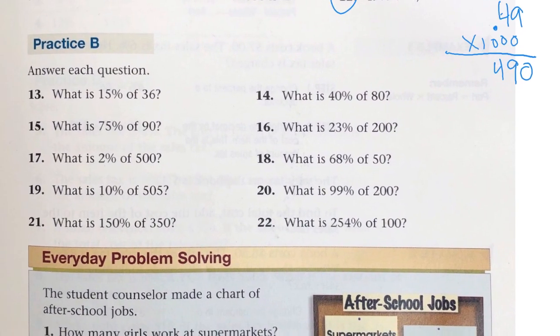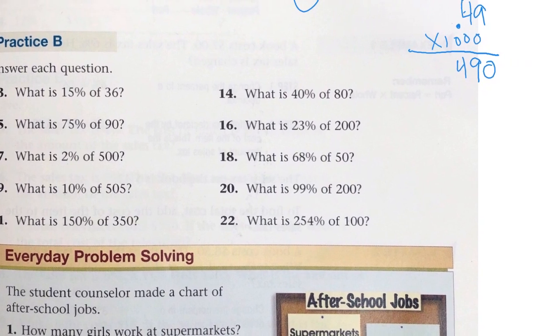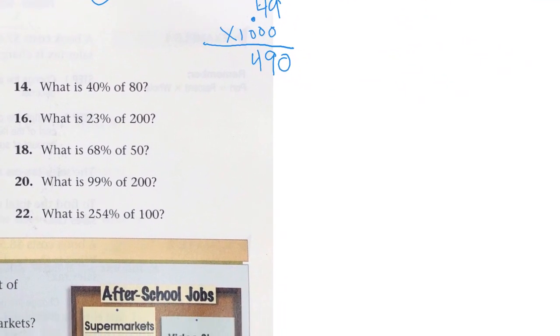Practice B. Answer each question. All right, we need some more space to do these as well. Let's take a look at 14. What is 40% of 80? The first step is, and we'll write it over here, 14. So 40% becomes 0.40.